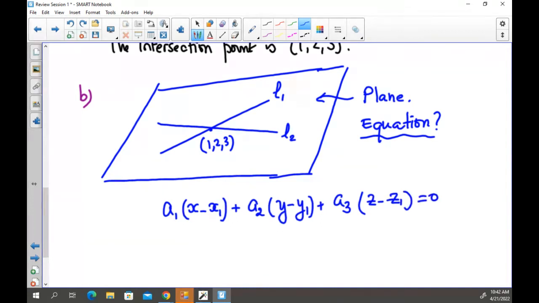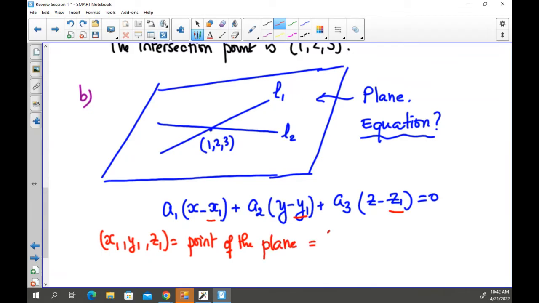First, what is X1, Y1, and Z1? Yes, this is one point on the plane. So X1, Y1, Z1 is any point on the plane, which we already have.